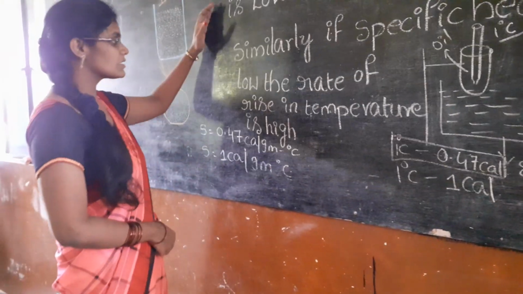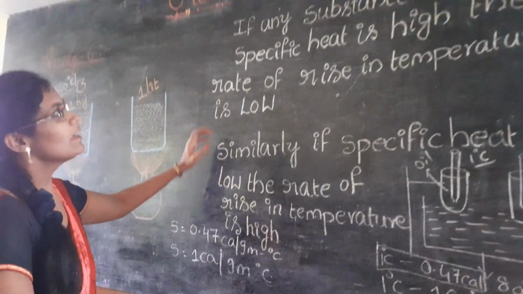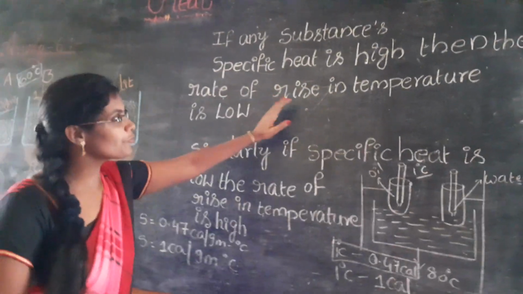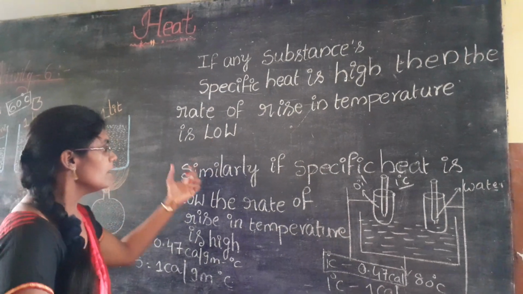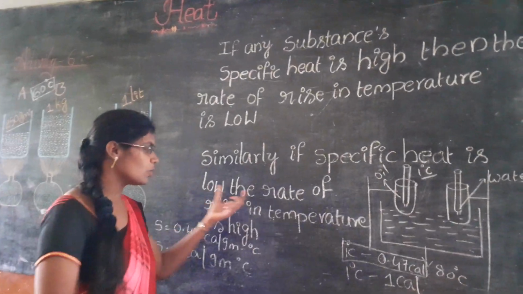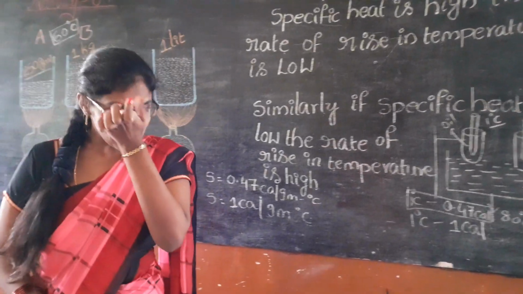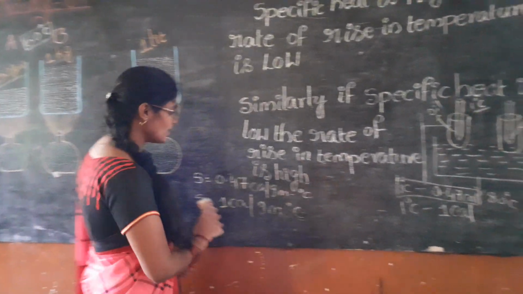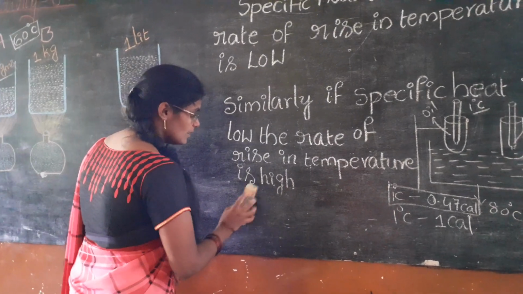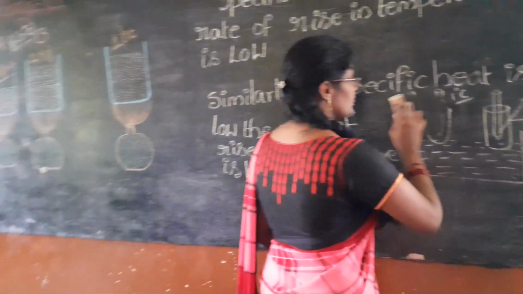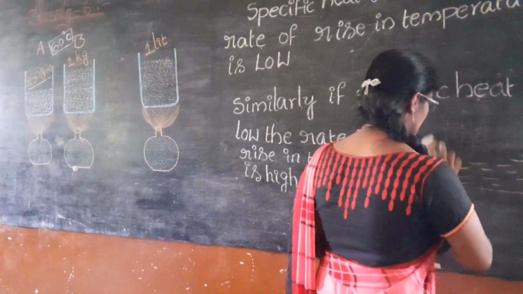So these two statements state that if for any substance the specific heat is high, then the rate of rise in temperature is low. Similarly, if specific heat is low, the rate of rise in temperature is high. Okay, children, I hope you understood this point. And next, specific heat varies from substance to substance.